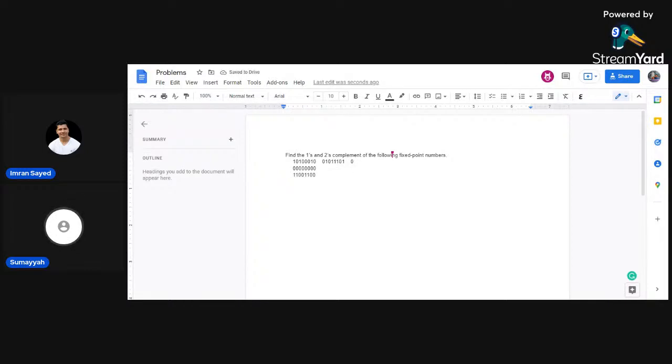So 1 and 0 will stay the same, and then the rest of the bits are all complemented. So complement, yes, 1, 1, 1, 0, 1, 0.